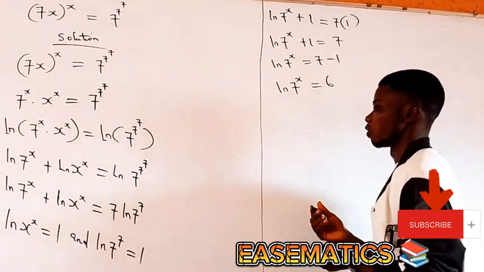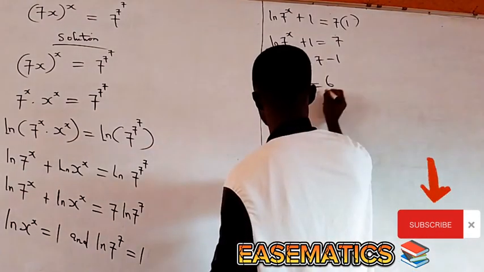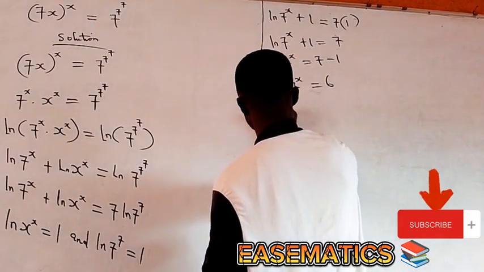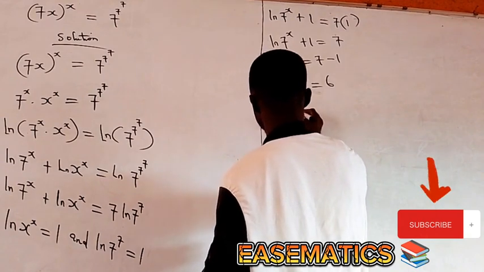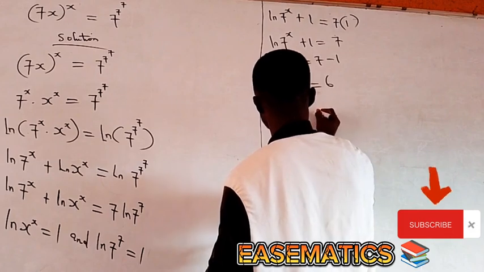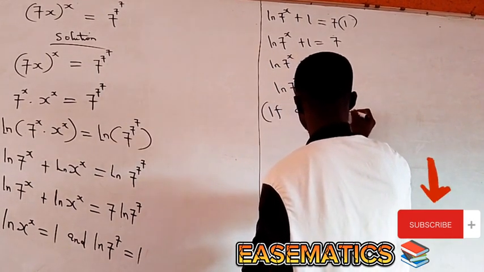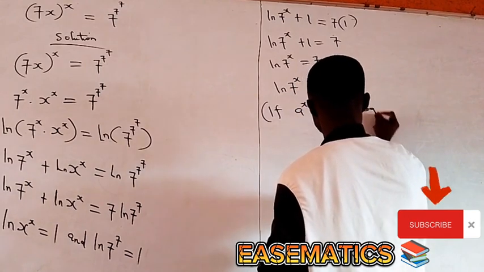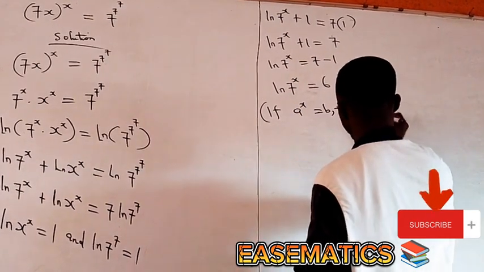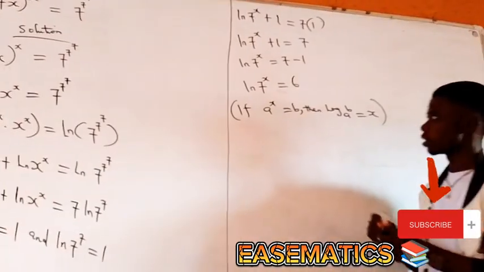Again, from the definition of logarithm, we can say that if a to the power of x is equal to b, then log b base a is equal to x.